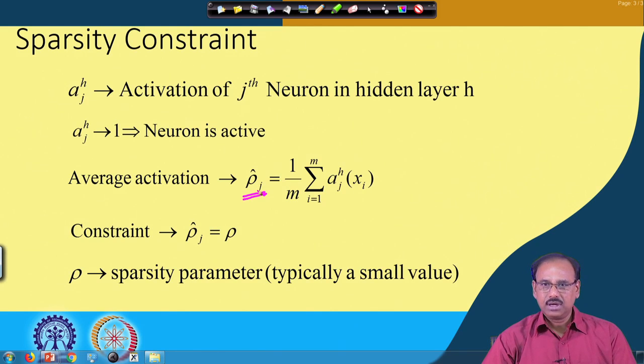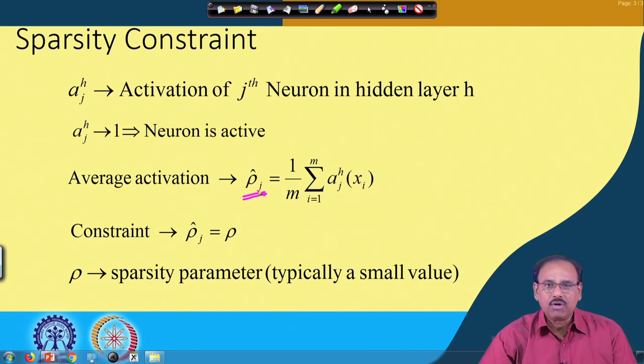So, the activation of this jth node in the hidden layer H for an input vector x_i, and if there are m such input vectors, then the average over all these input vectors of this activation is 1 upon m times the sum of a_j^H(x_i), where i varies from 1 to m. So, that is the average activation of node j in the hidden layer H over all the input vectors that we fit.